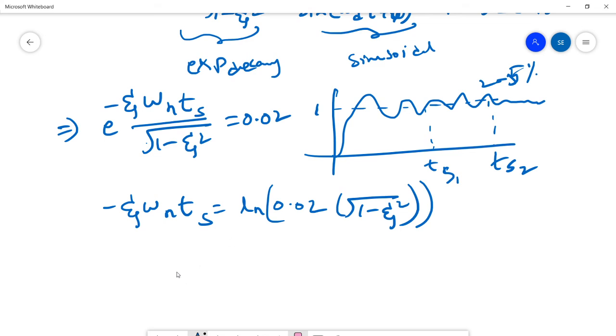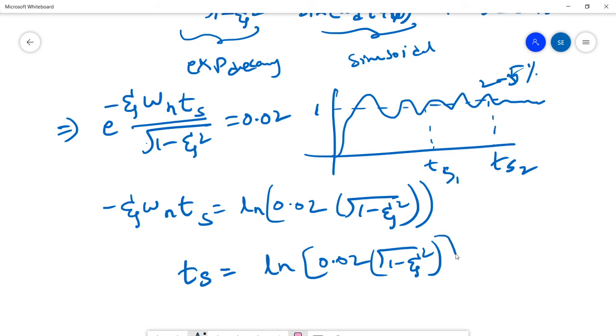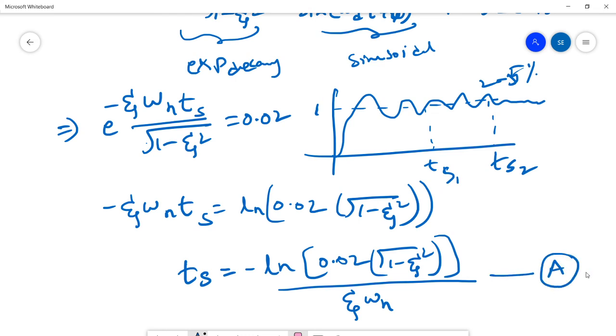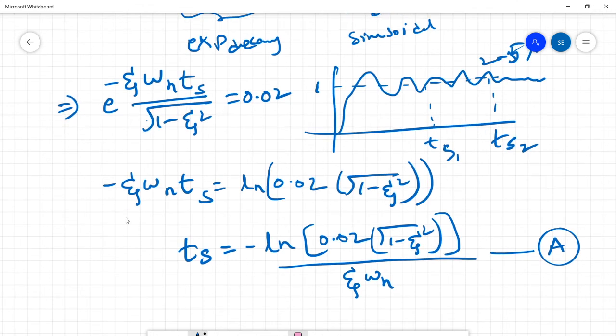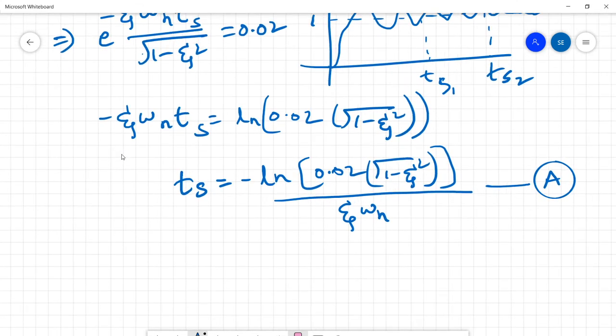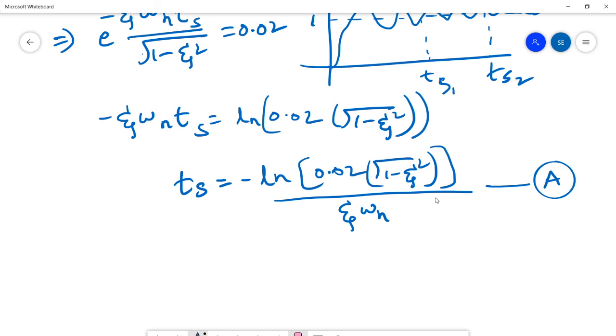And ts you need to calculate. Settling time ts is the logarithm of 0.02 root of 1 minus zeta square, divided by minus zeta omega n, because the minus sign is on the left side and I'm sending it across. Now, if you substitute zeta values, for underdamped it varies from 0 to 1.